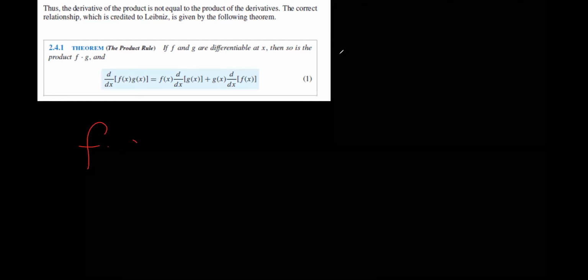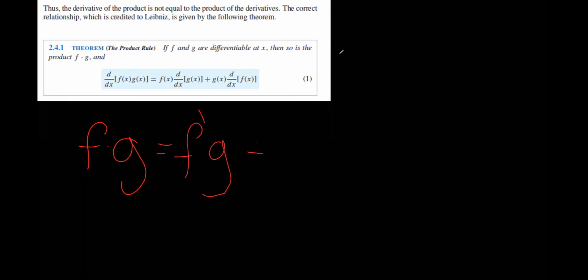Our rule was that if I have f times g, two functions that are multiplied, the derivative is the first derivative times g plus the derivative of the second function times f. This is the rule that I have to use if I have two functions that are multiplied.